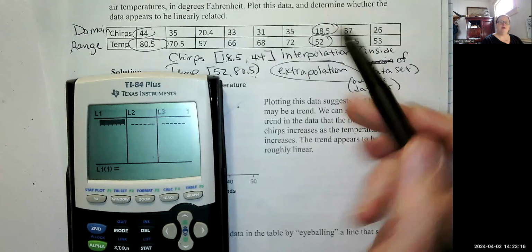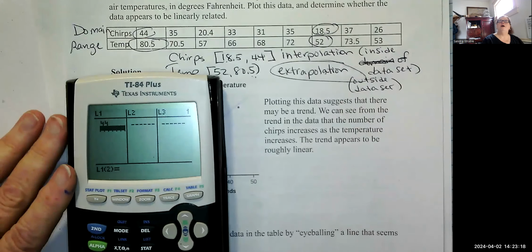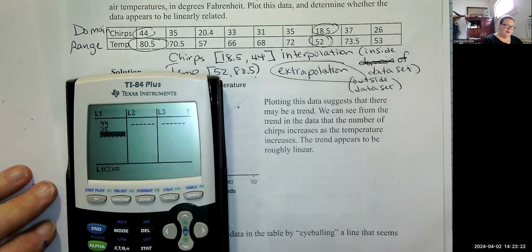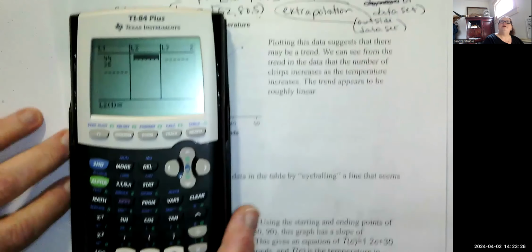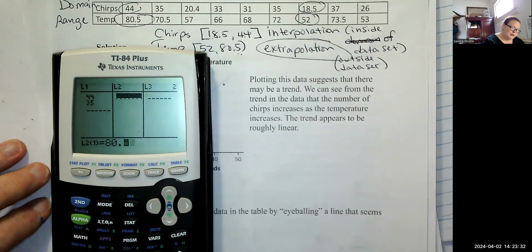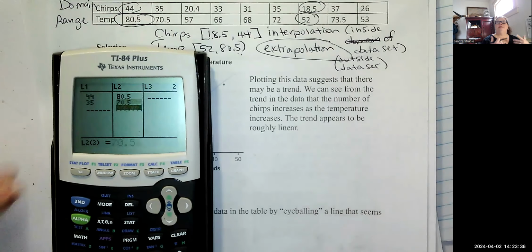So go through and you'll go 44, enter, 35, enter, and just keep going until you get all the chirps in. Then you're going to hit your button to the right and click over. And you're going to enter your temperatures. So 80, they have to match up, 80.5, 70.5, and then keep doing that.